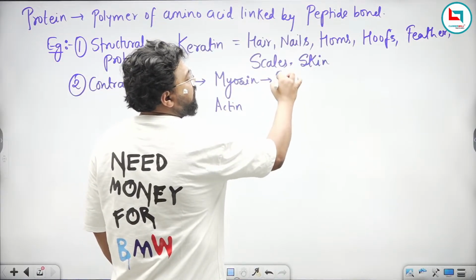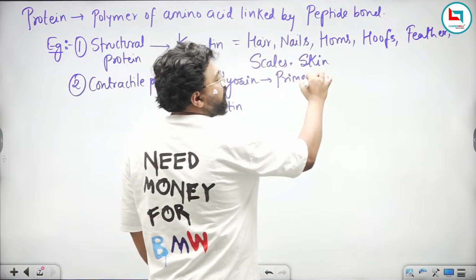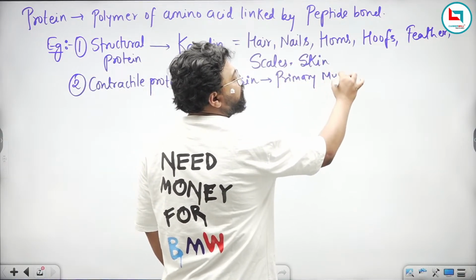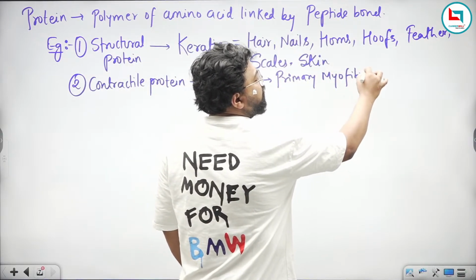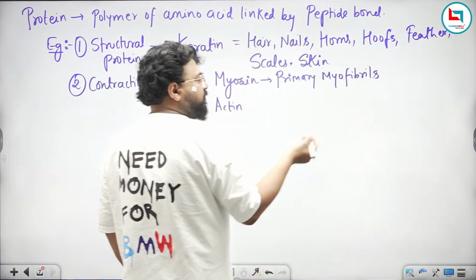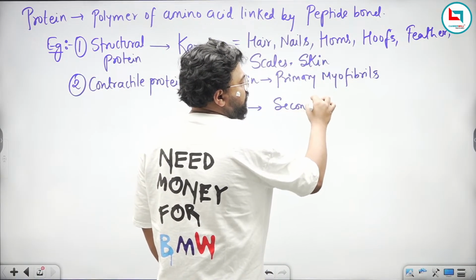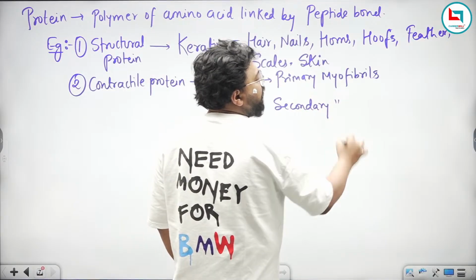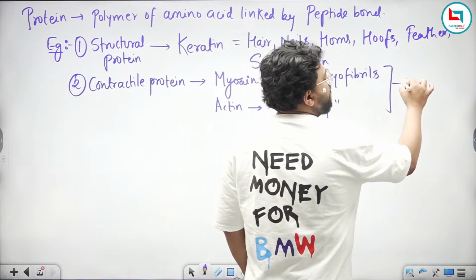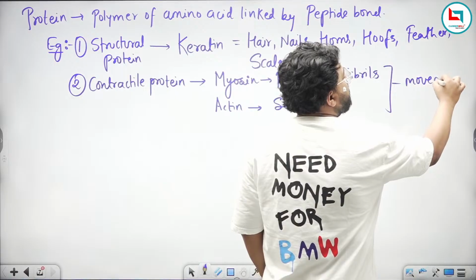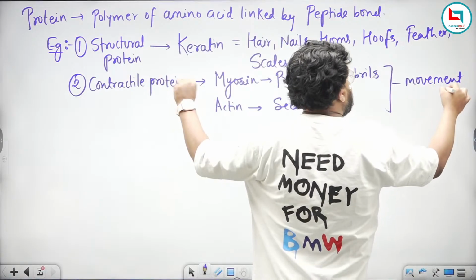This is the primary myofibril, meaning muscle fibers or muscle protein, and this is the secondary myofibril. Both help in movement and locomotion by contracting and relaxing.